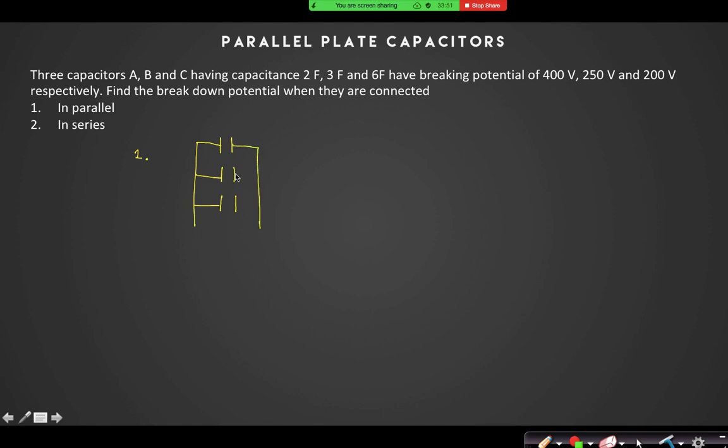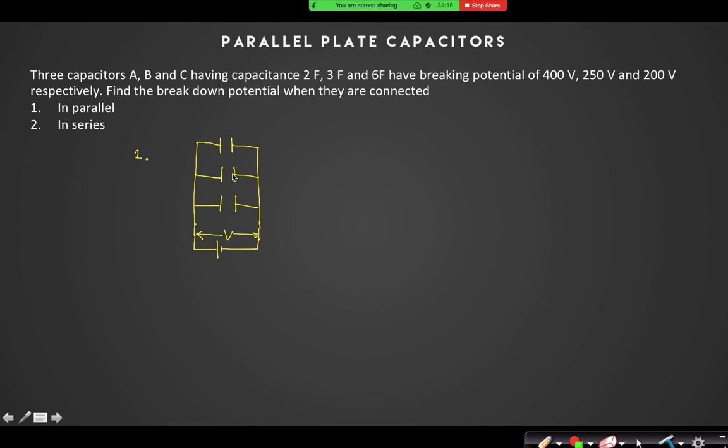Look, when they are in parallel, whatever potential you apply in between them, suppose I have applied V potential in between them, each and every capacitor will have a potential difference of V in between the plates. Yes or no? Yes, sir.